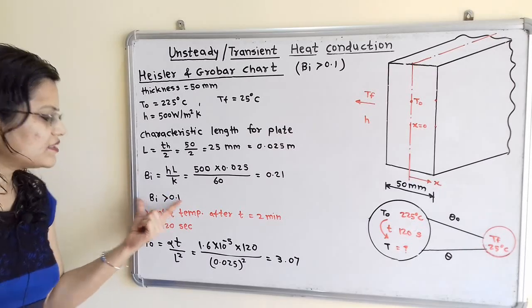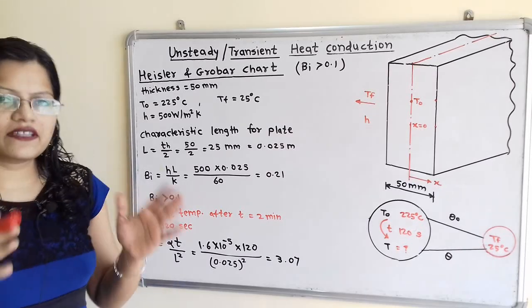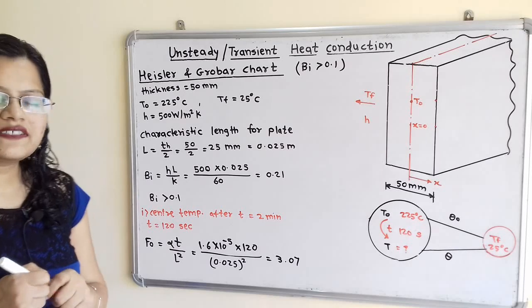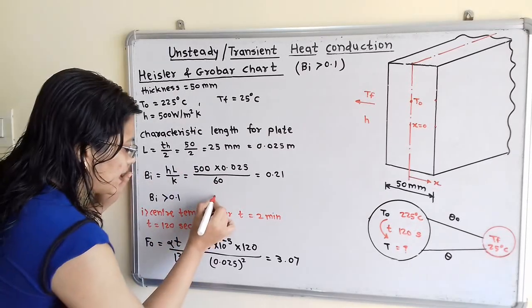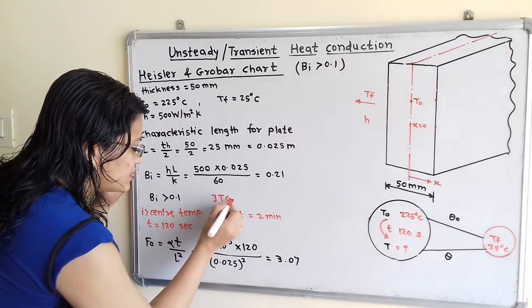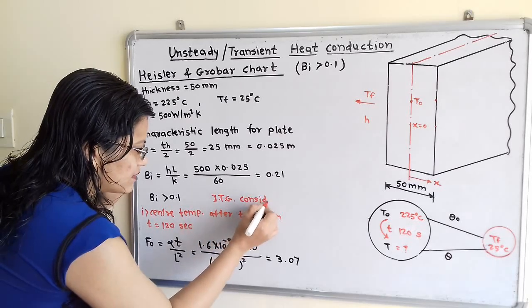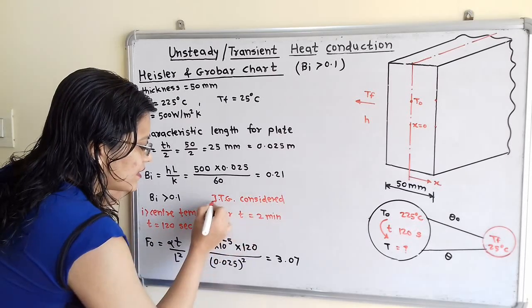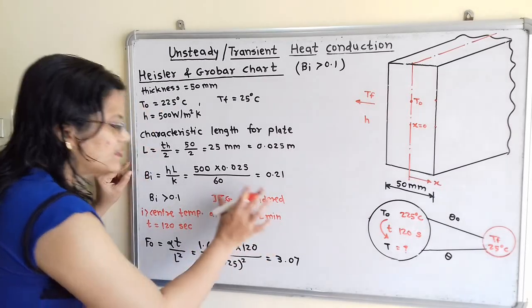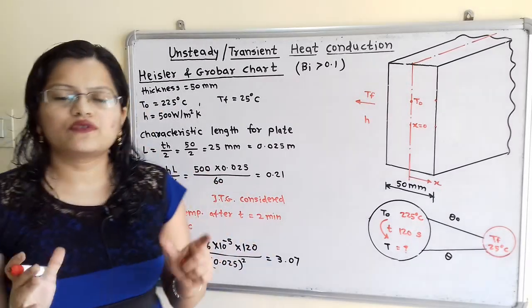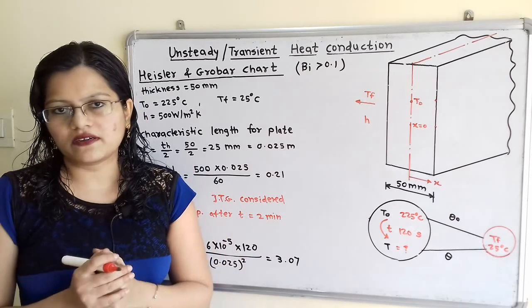Now this Biot number is greater than 0.1. So when it is greater than 0.1, then we can say that internal temperature gradient, that is ITG, is considered. And when this internal temperature gradient is considered, then we have to solve the question by graphical method.